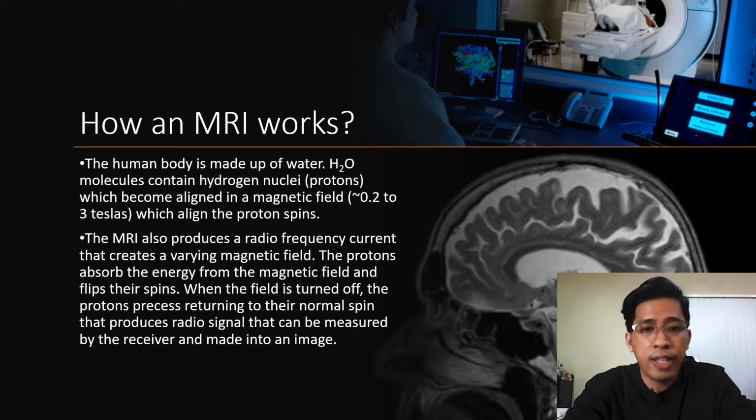When the field is turned off, the protons return to their normal spin, which produces a radio signal that can be measured by the receiver and made into an image. So basically, your magnetic field and the directions of your protons, or how your protons line up, can be represented by vectors, which are what we're going to discuss in the next slides.